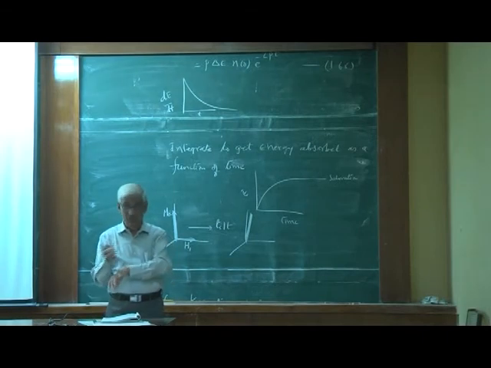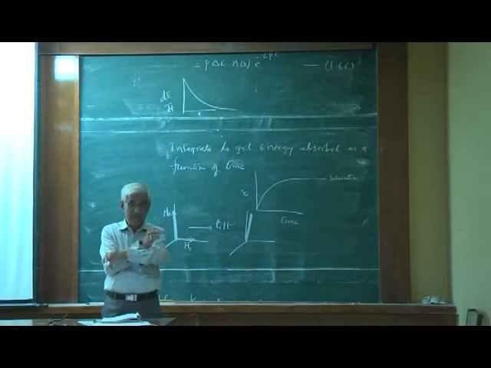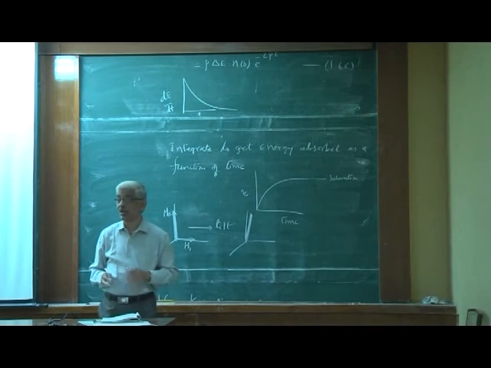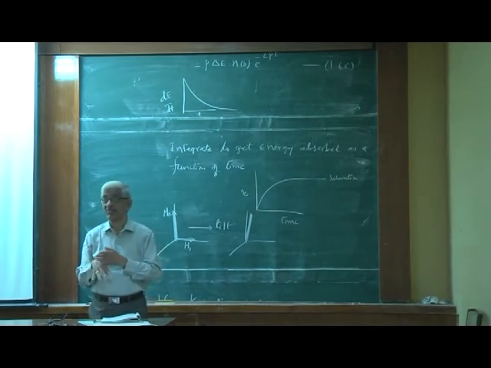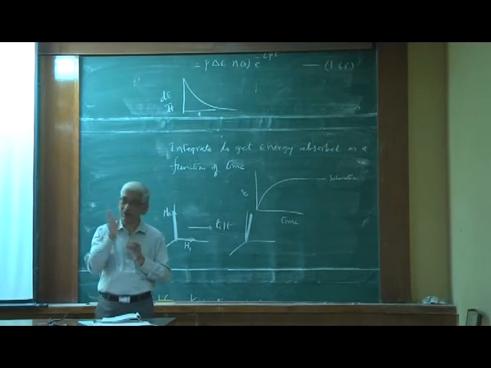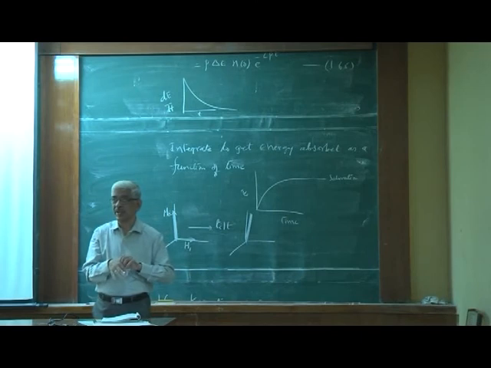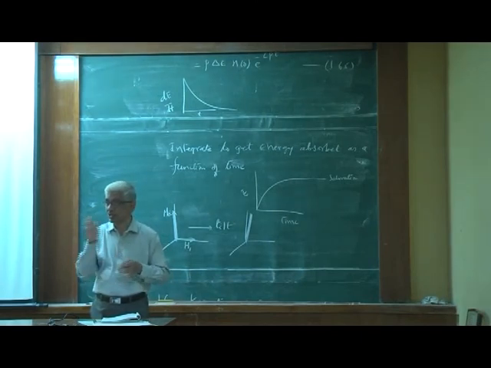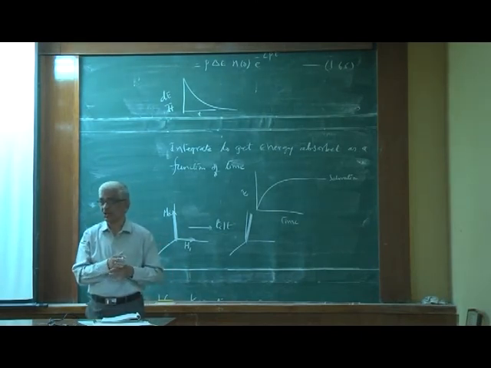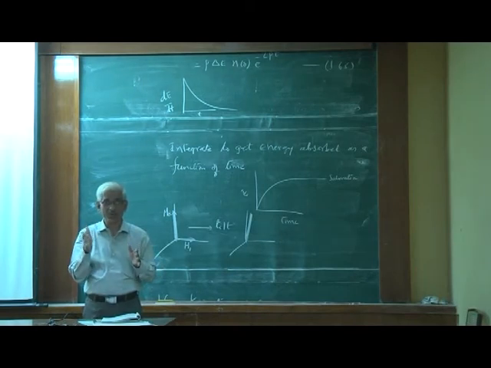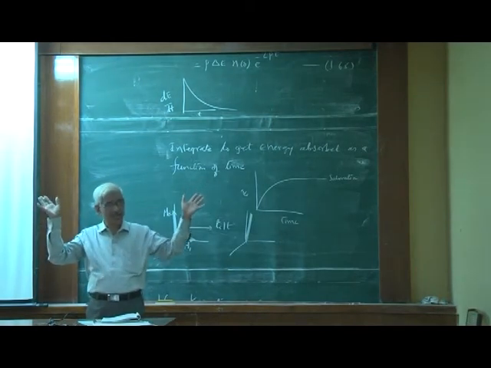So here I should tell you a story and then stop. Gorter actually did the first experiment on nuclear magnetic resonance way back in 1940, before 1942-43. He actually missed the resonance because of this factor. He chose a sample which has very long relaxation times.